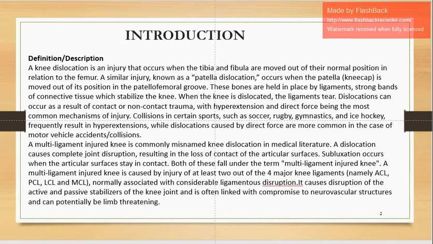It is caused by injury to at least 2 out of 4 major knee ligaments: the anterior cruciate ligament (ACL), the posterior cruciate ligament (PCL), the lateral collateral ligament, and the medial collateral ligament, normally associated with considerable ligamentous disruption. It causes disruption of the active and passive stabilizers of the knee joint and is often linked with compromise to neurovascular structures, and can sometimes be a limb-threatening condition.